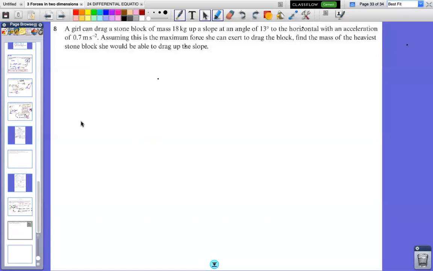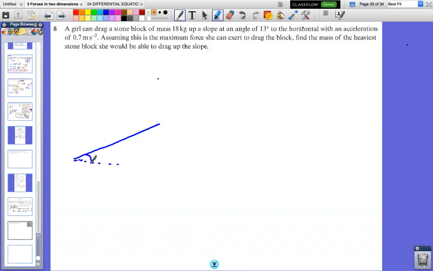So we are told here that a girl drags a stone block of mass 18 kilograms up a slope at an angle of 13 degrees. This is also an interesting problem you may have in an exam.